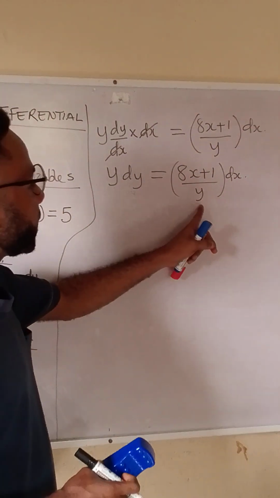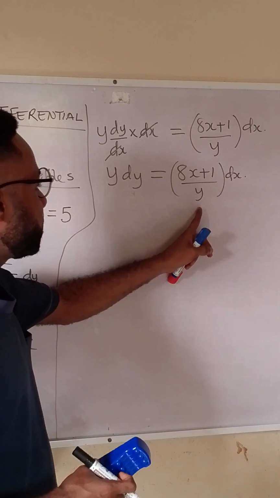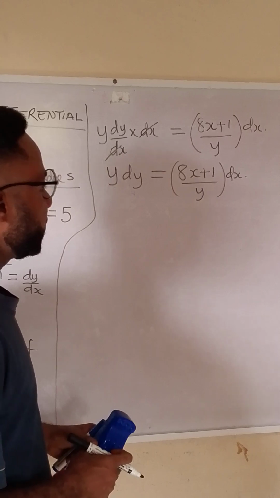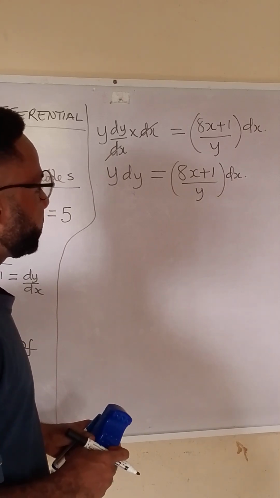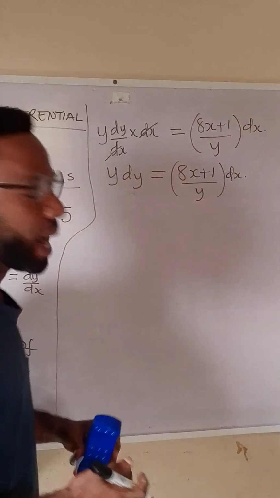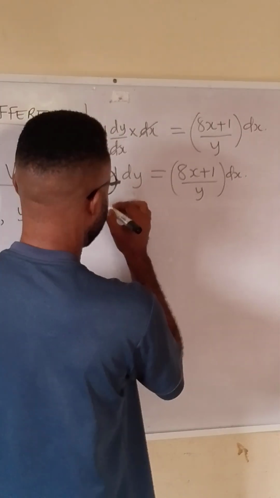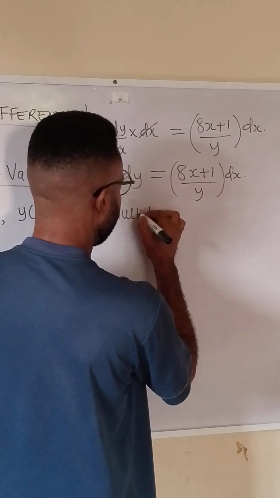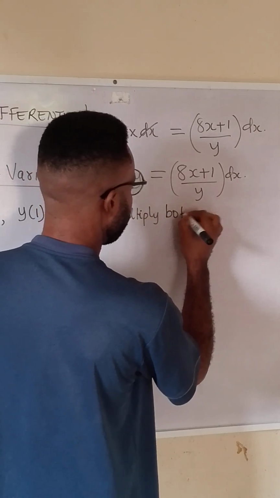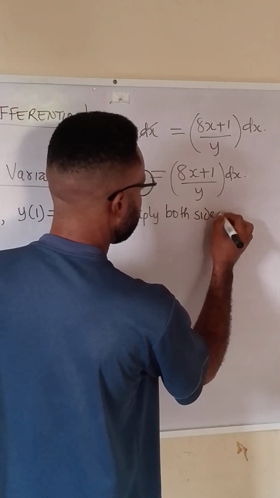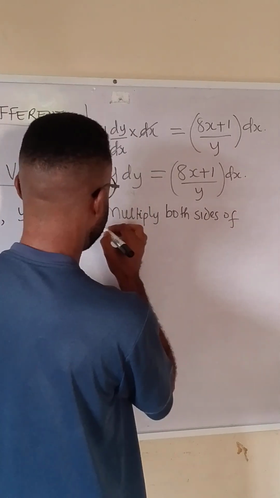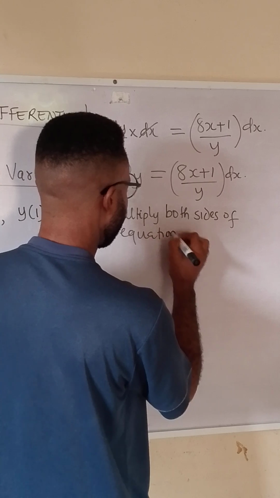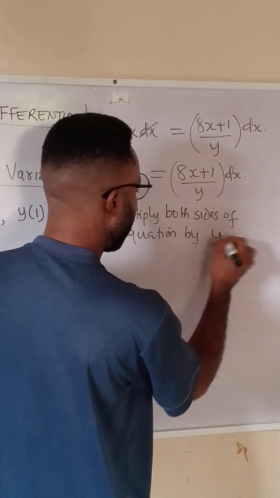So how do we now eliminate this y from here so that it will move to the other side? We can say again, multiply both sides of the equation by y.